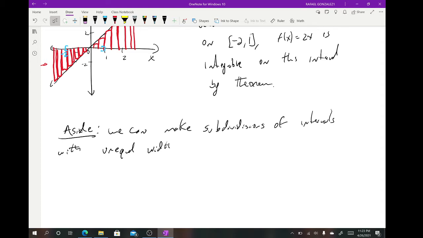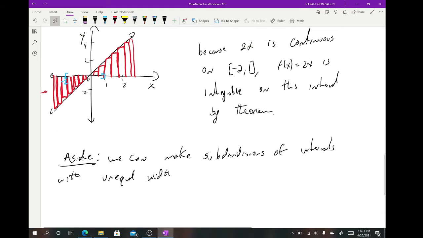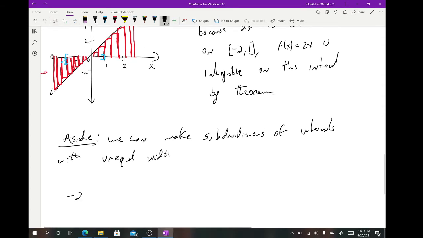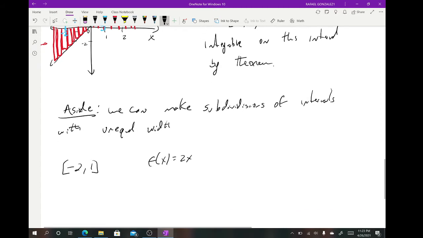Now, if we take this interval from -2 to 1 for our function f of x equals 2x, and we divide this delta x into subdivisions of the interval that are equal, then what we will have is, again, b minus a over n. Now, again, we don't know how many partitions we're going to make.